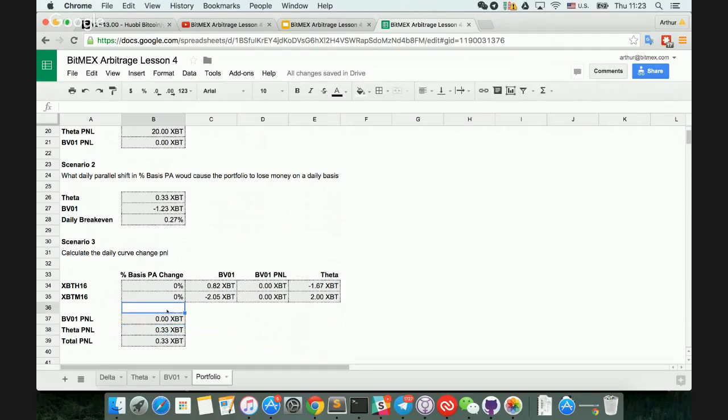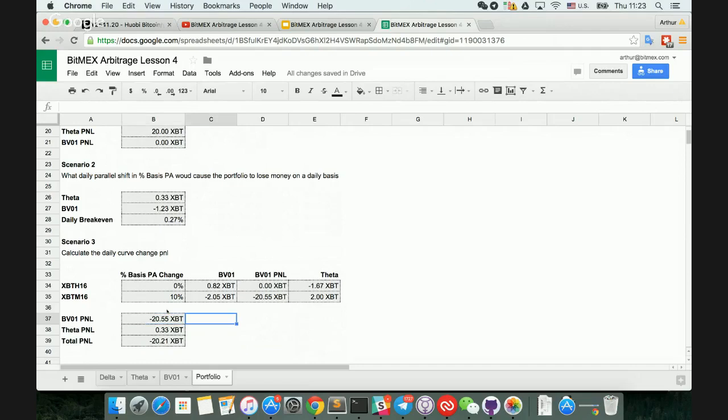However, things change in the meantime. Remember, we're short rates on the long end, so let's increase rates. The curve steepens 10% up on the long end. We're down 20 Bitcoin on a mark-to-market basis.